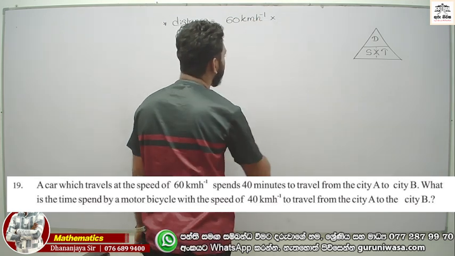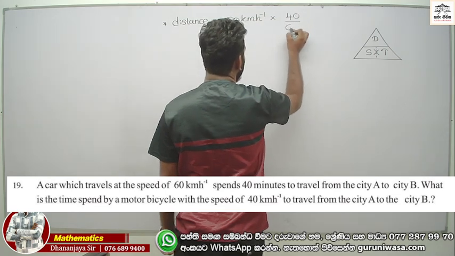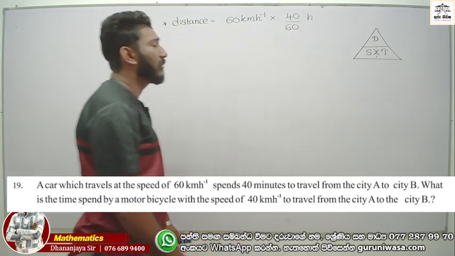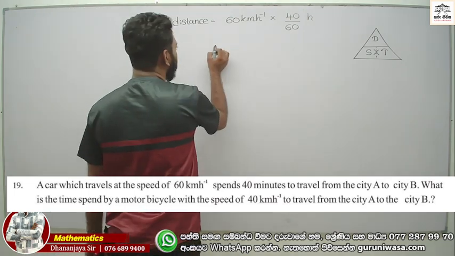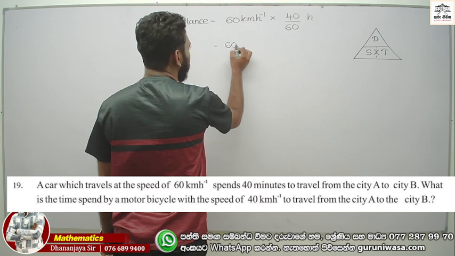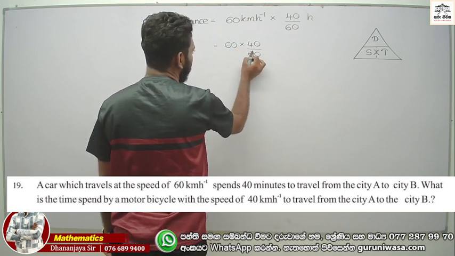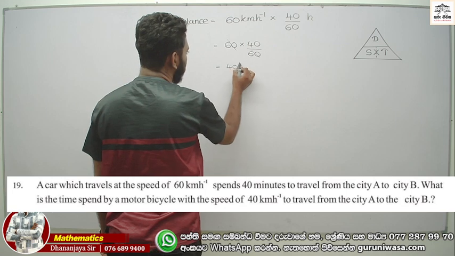Now, time is a 40 minutes. Now, listen, here's a problem. Therefore, you need to change as a hours. Now, to make hours, I'm going to divide by the 60. Right? Now, 60 and 60 you can simplify. 60 and 60 eliminate. Now, answer becomes 40 kilometers.